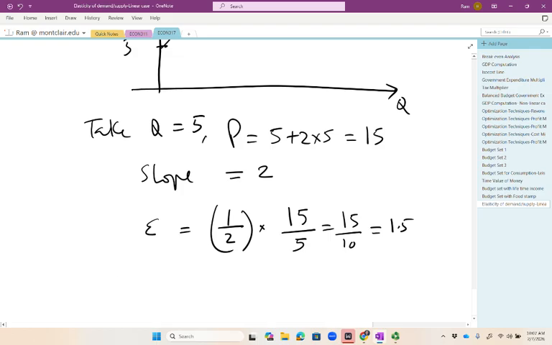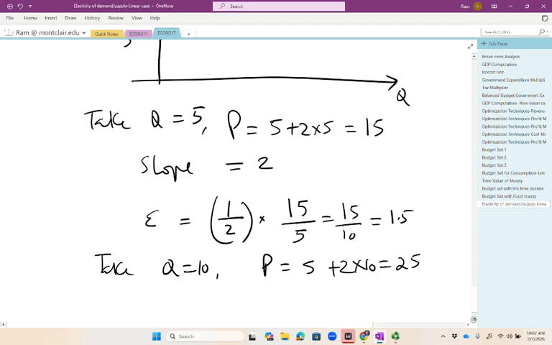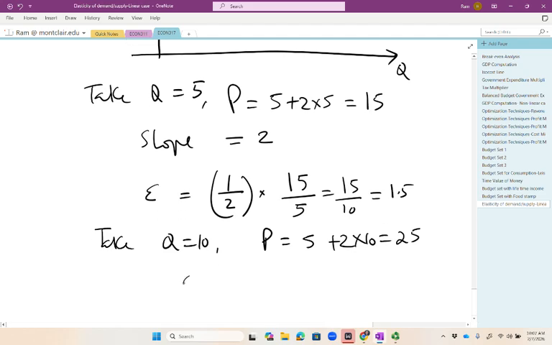Let me take another computation. So Q to be 10, price will be 5 plus 2 times 10, which turns out to be 25, and the own price elasticity of supply is 1 over 2, where 2 is the slope of inverse supply, times P 25 over Q 10.